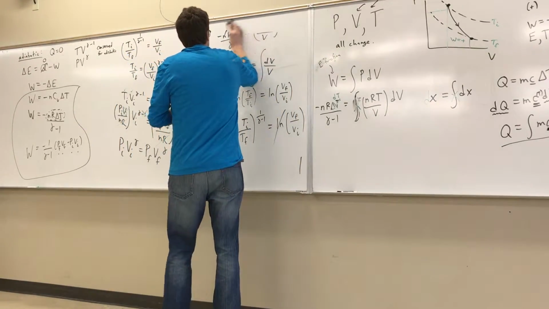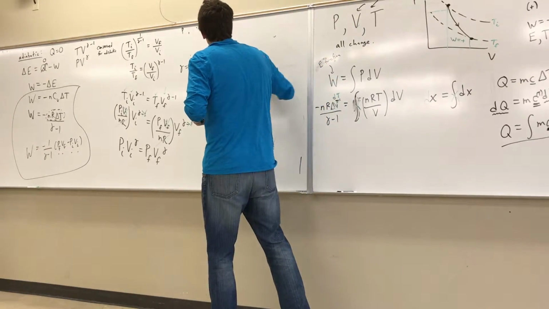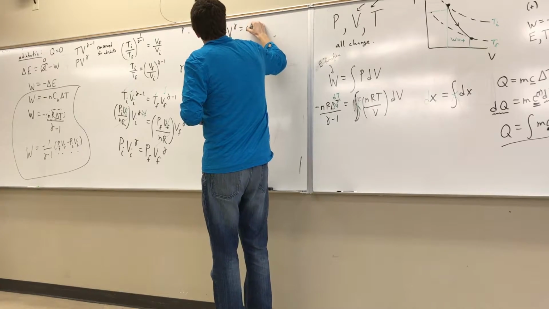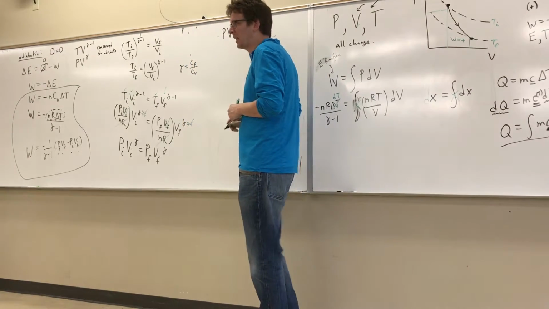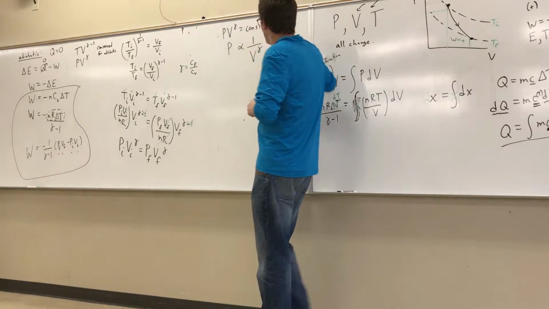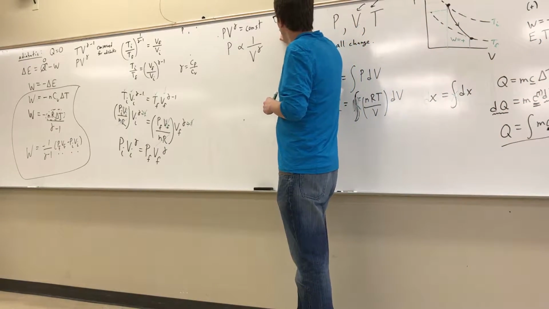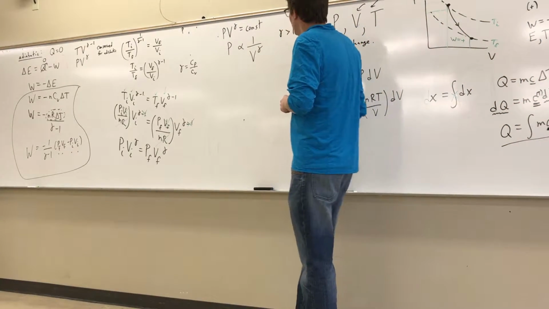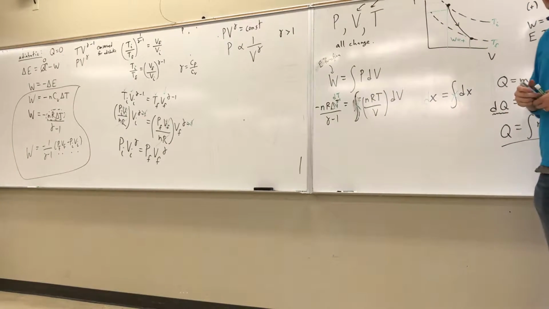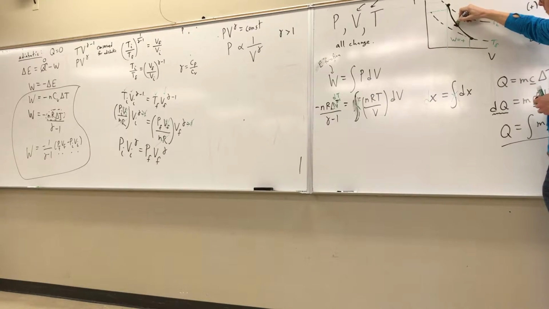Okay. If you want what it means on the graph, that we can do. If PV to the gamma is a constant during any adiabatic process, that tells us, solving, P is proportional to 1 over V to the gamma. Now gamma, of course, is Cp over Cv, so that's greater than 1. So what we've actually just found is the shape of this curve. Okay?